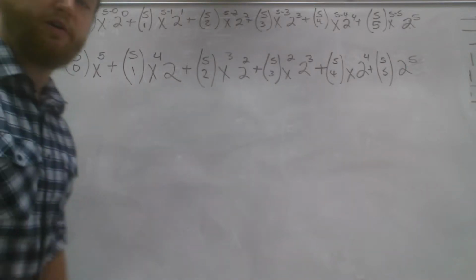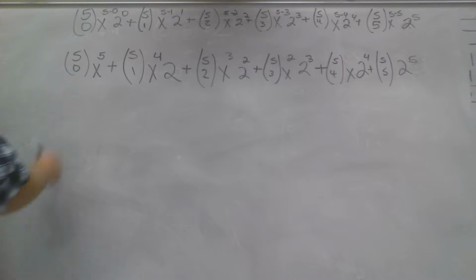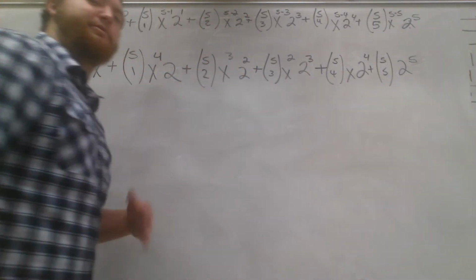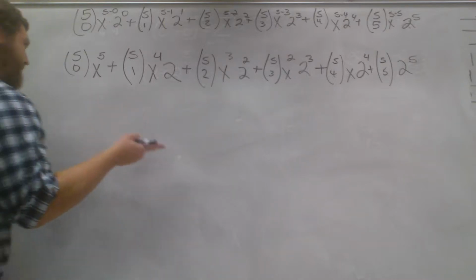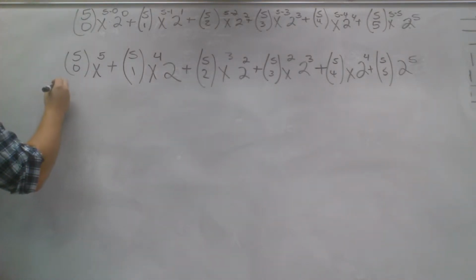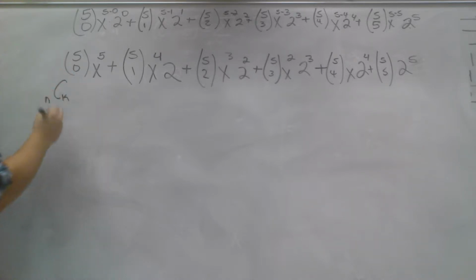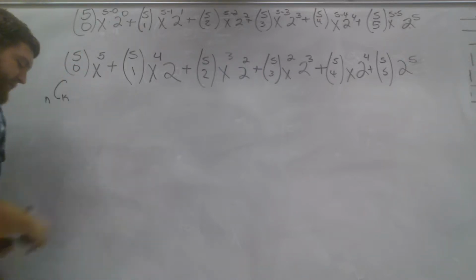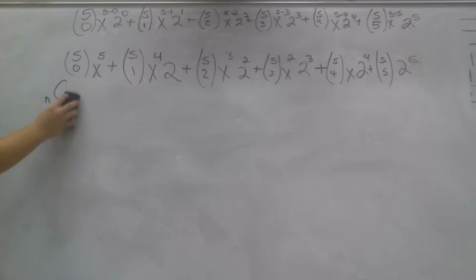Now comes the most annoying part of all of this. I told you that these parentheses were something. They were all little bitty problems. What kind of problems were they? They were combination problems. And I told you that it's going to be n C k, right? n's the top number, k's the bottom number. N over k. So the formula, I'm going to move this over here.